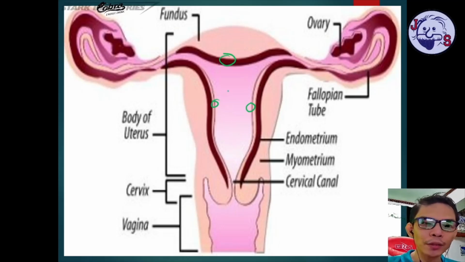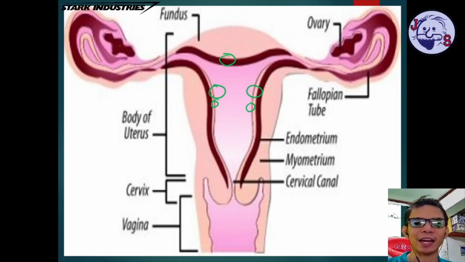So if the mother has multiple zygotes or multiple fetuses inside her body, one will attach right here and another will attach over there. So we have identical twins, or triplets, or quintuplets, something like that.